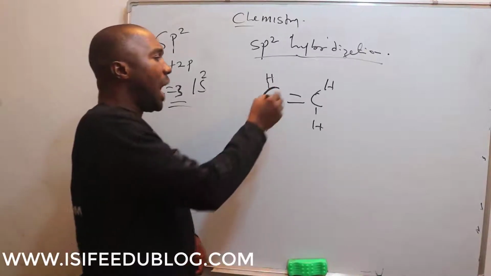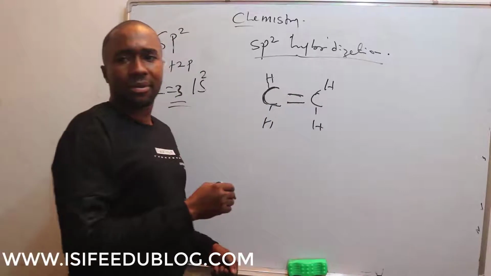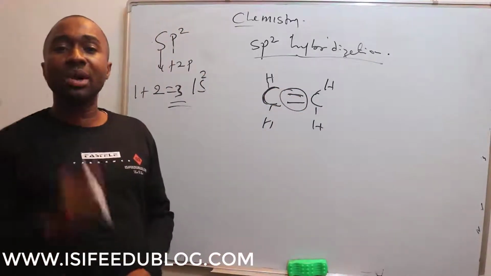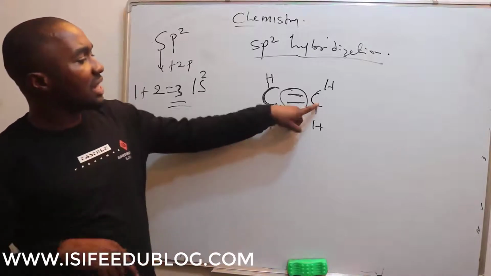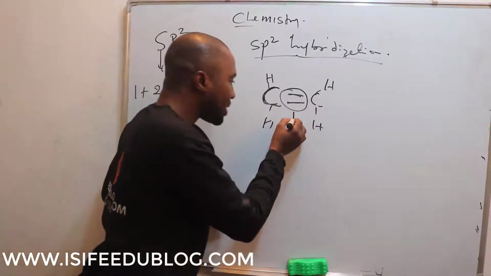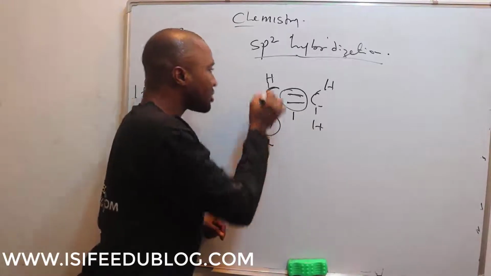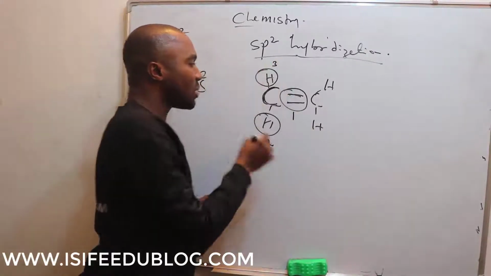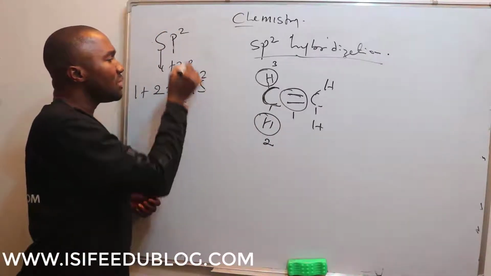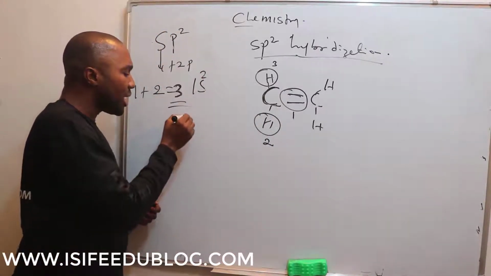So this carbon, how many attachments does it have? This is one attachment. Even if you have 3 bonds, we count it as one attachment because it is attached to only one thing, carbon. So this is one attachment, this is another attachment, and this is another attachment. 1, 2, 3. Anytime you have 3 attachments, it means that the compound is undergoing SP2.